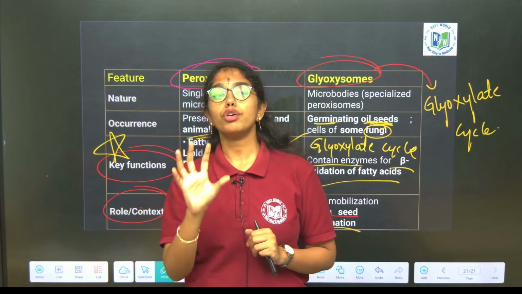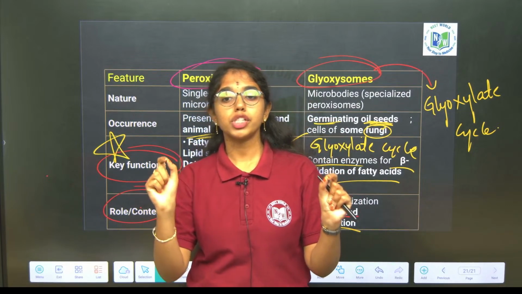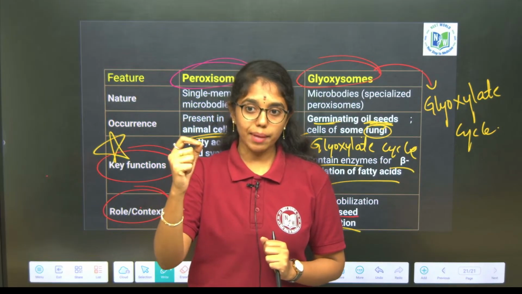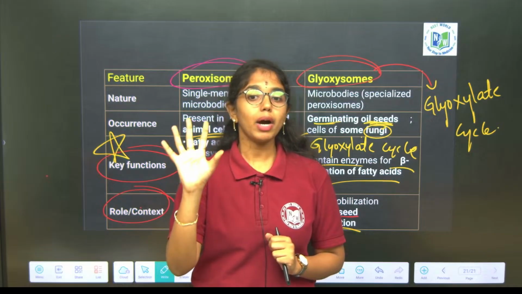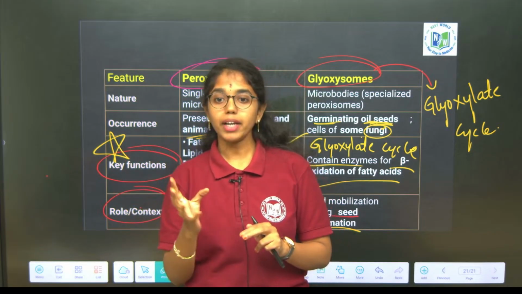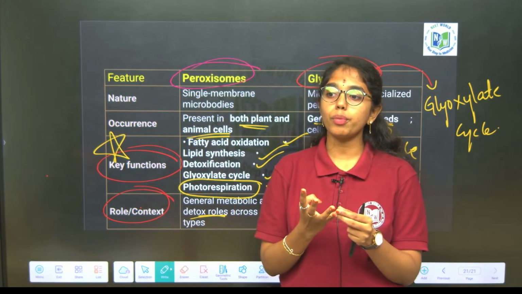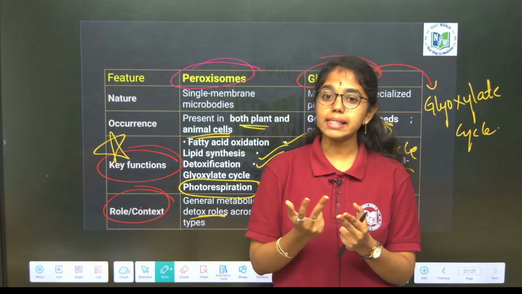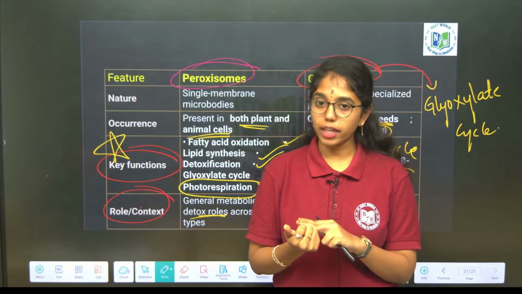Then we looked into the eukaryotic cell, clear differences between plant cell and animal cell, then cell wall, cell membrane, and then the endomembrane system. What are the organelles involved in the endomembrane system? Endoplasmic reticulum, Golgi bodies, lysosomes and vacuoles.